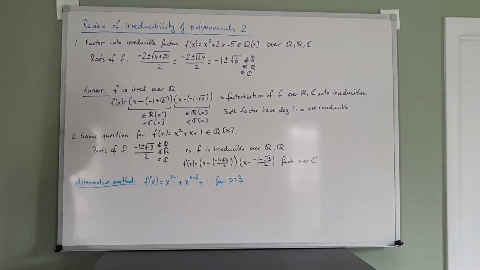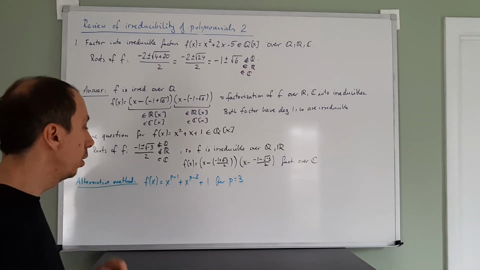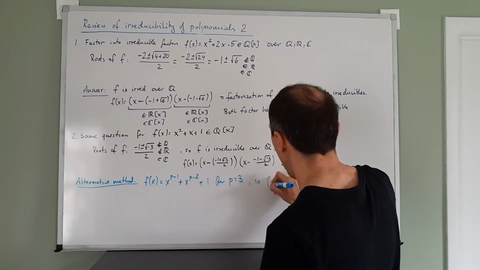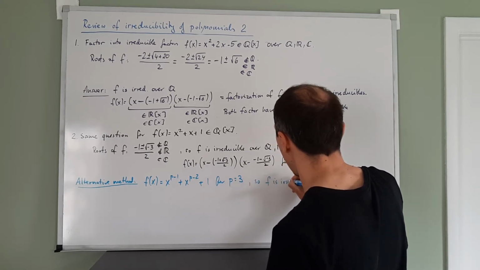And 3 is prime. So by the last theorem we stated towards the end of our previous video, we know that this is irreducible. So f is irreducible over Q.